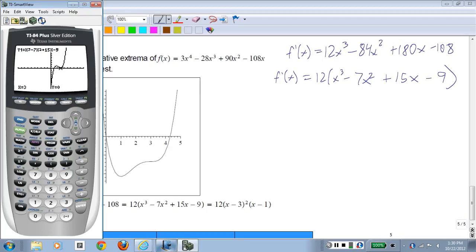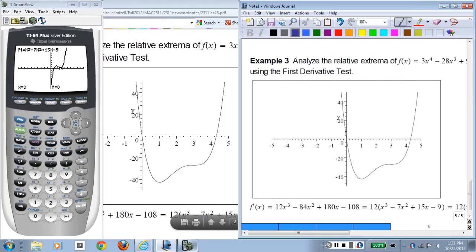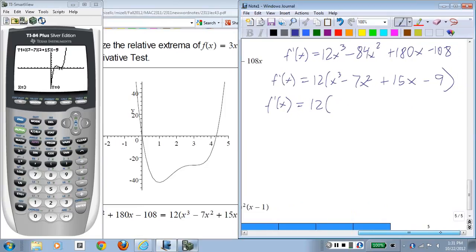So we get a couple of factors, and I think I could even skip the synthetic division here, because again, looking at the graph, x minus 1 and x minus 3.